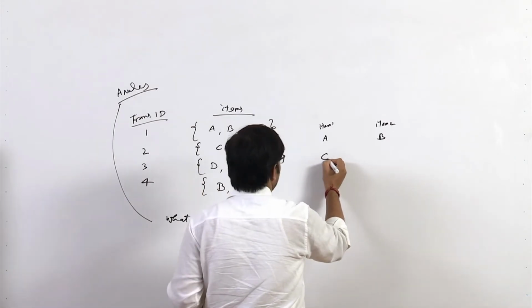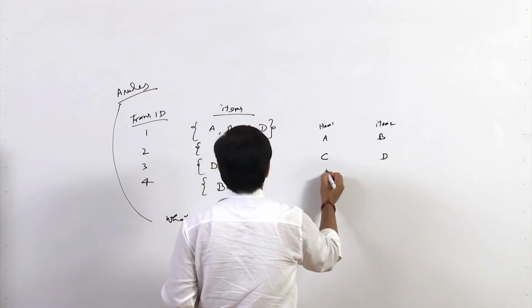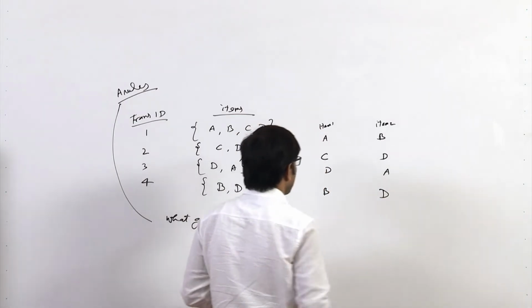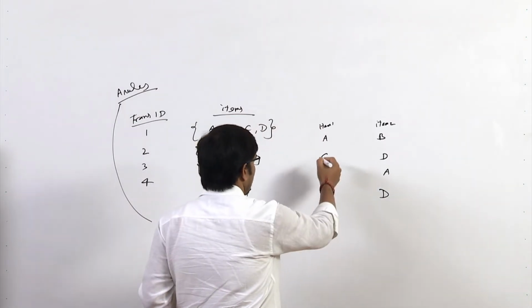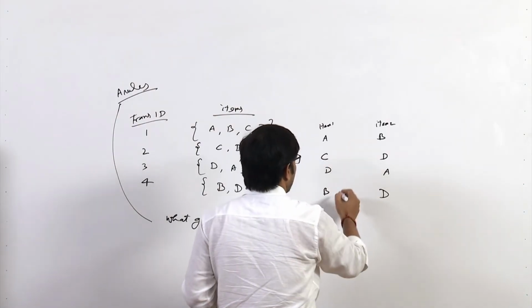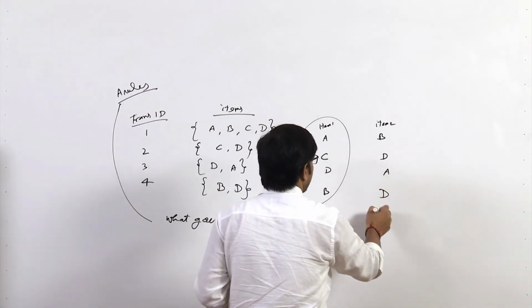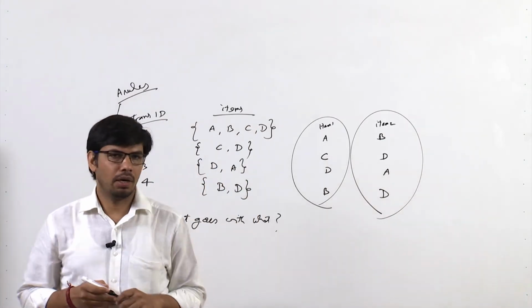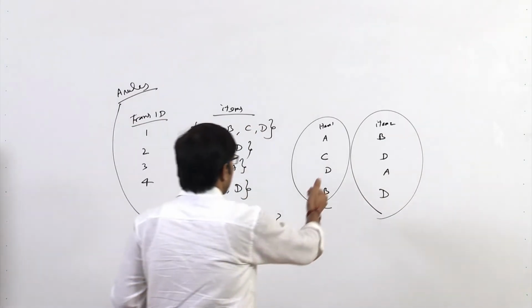Similarly for the others: C, D, D and A, and B and D. This information can also be depicted through a network graph, and we can understand from there.